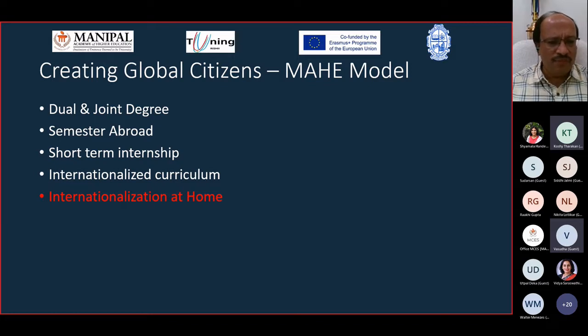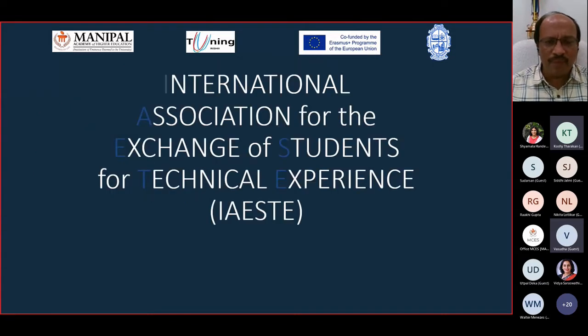For the purpose of internationalization, everybody is talking about creating global citizens, giving international experience to students. At the same time, by being on the campus or at home, can we give some international experience to the students? This was the thought before we started these organizations. And I want to put before you the case study of MAHE Manipal with all these 4 organizations, and I will take questions at the end.